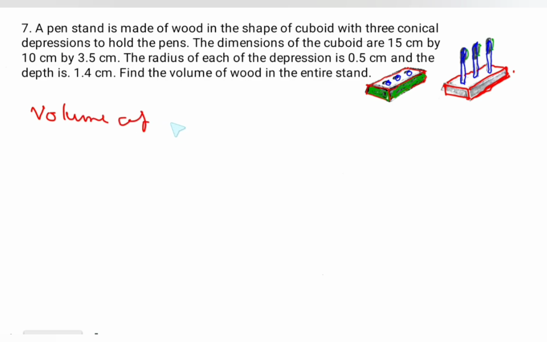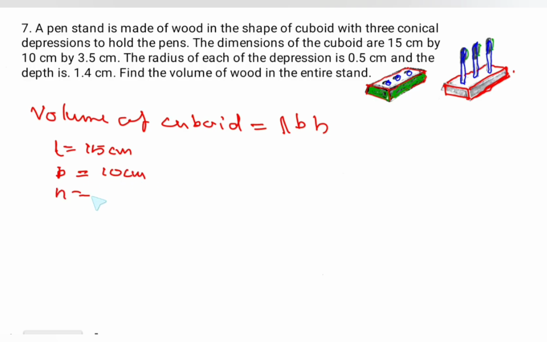Volume of cuboid equal to LBH, length L equal to 15 centimeters, breadth B equal to 10 centimeters and height H equal to 3.5 centimeters.